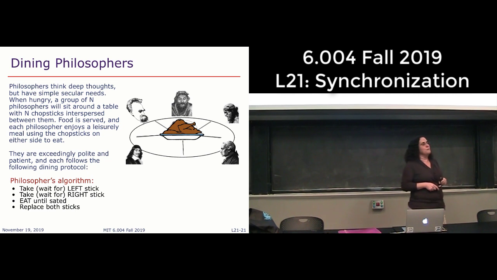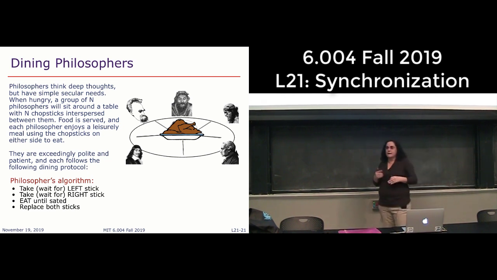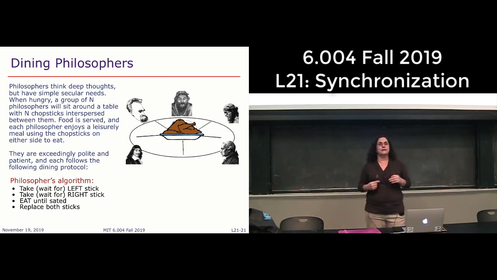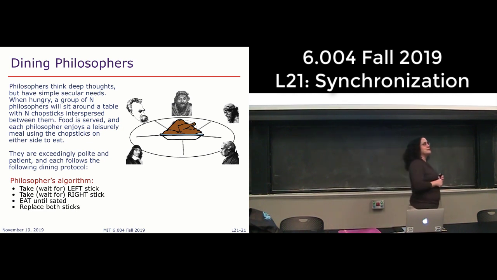So I'll show you one more very well-known example of deadlock, and this is called the dining philosophers. The way this describes the situation is, imagine that you have 5 philosophers sitting around a table, and each one of them has a single chopstick sitting in front of them.